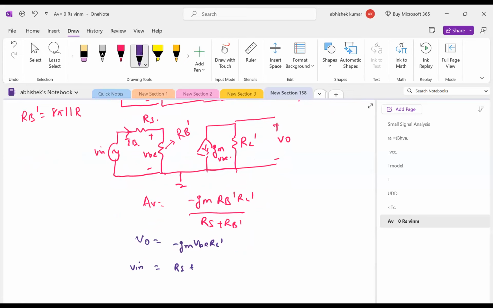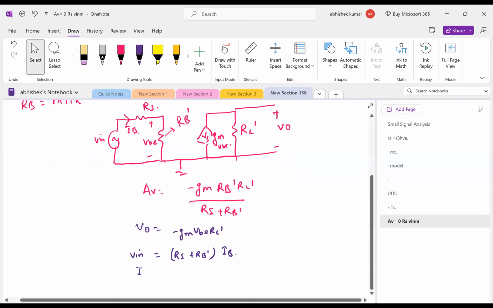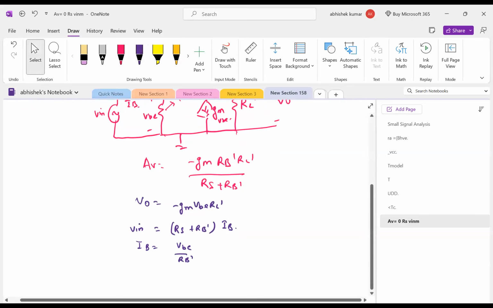Can I write RS plus RB dash into IB? And what is IB? IB is the base current. I can use IB as VBE divided by RB dash.